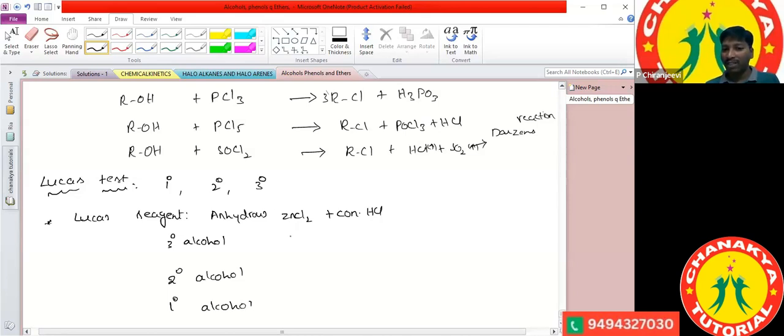Tertiary alcohol is treated with the Lucas reagent, and it forms a tertiary alkyl halide immediately. So first for the tertiary alcohol, if you add 2 to 3 drops of the Lucas reagent, it forms a tertiary alkyl halide, with immediate turbidity.